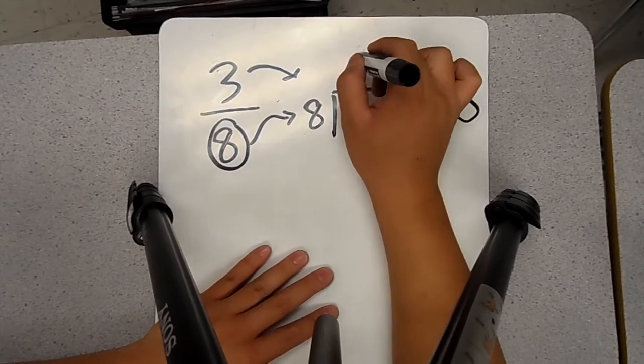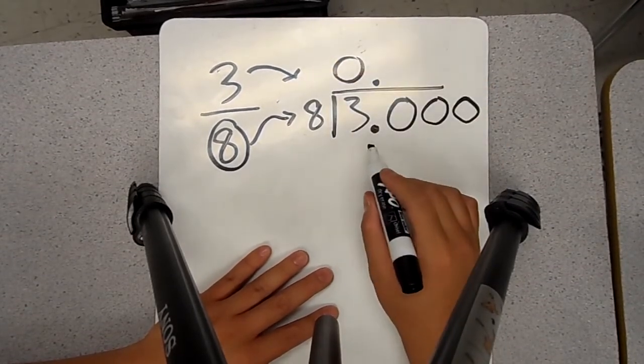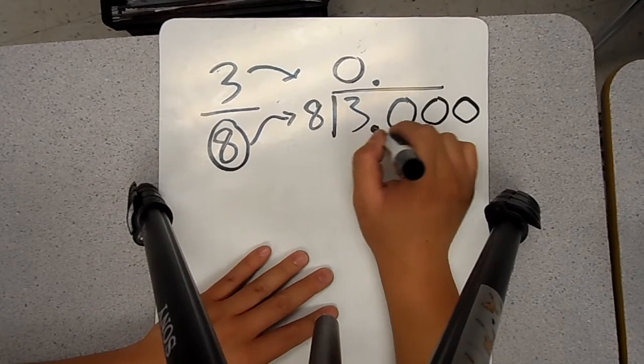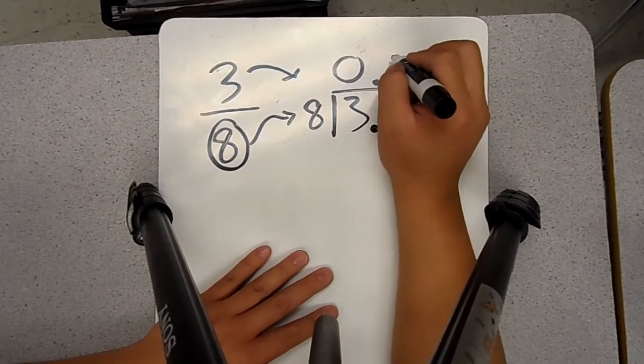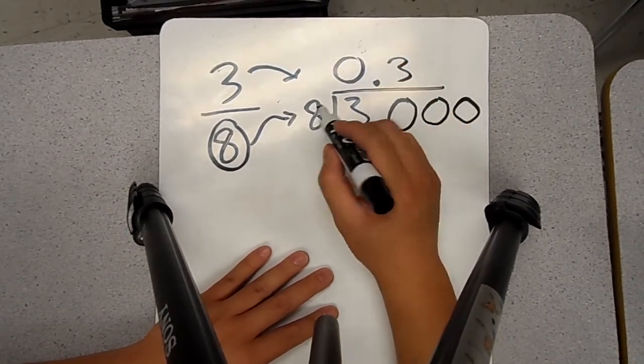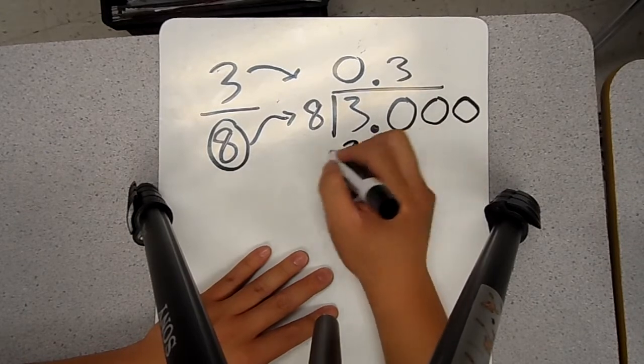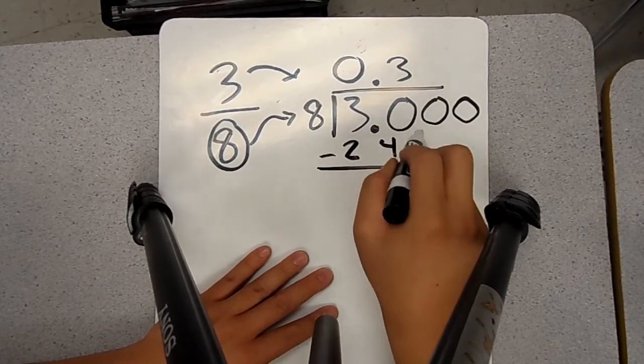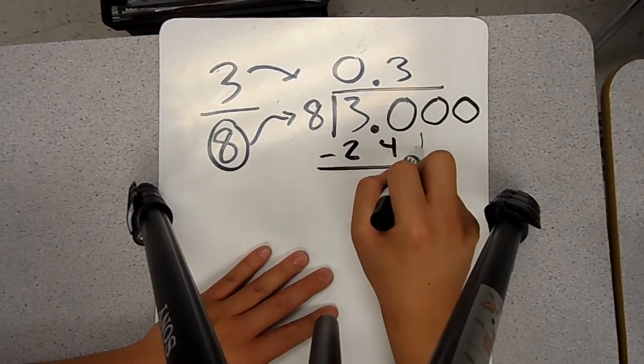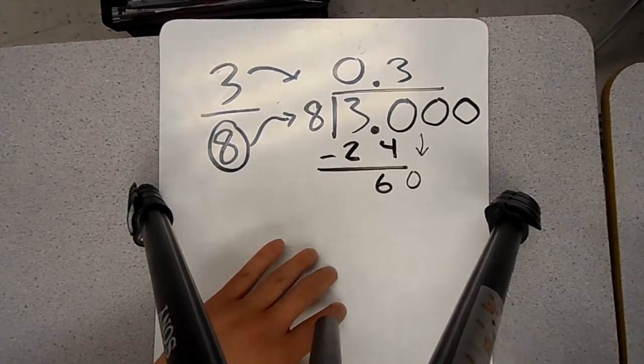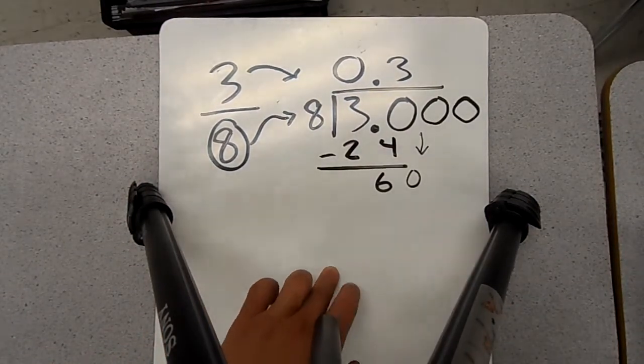8 goes into 3, absolutely none. 0 times, right? So we want to focus on the next 2 numbers. 8 goes into 30 3 times. 3 times 8 is 24. Subtract, that gives 6, and you bring down the 0. 8 goes into 60 7 times.